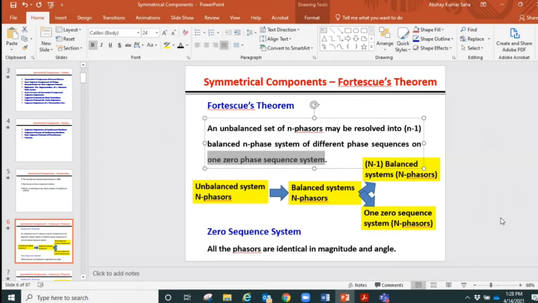The repeating pattern. Repeating pattern is not phase sequence. If you take a square wave, triangular wave, or sawtooth wave, they are also repeating patterns. I'm coming here every day at 8 o'clock, going home at 4 o'clock. It's a repeating pattern. Does this mean that is phase sequence?